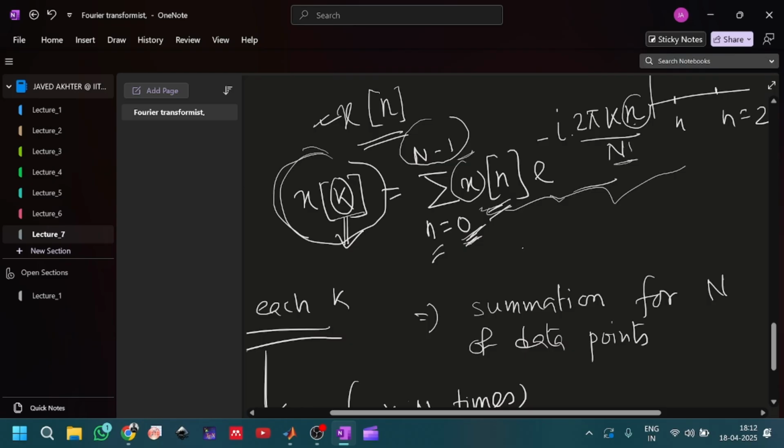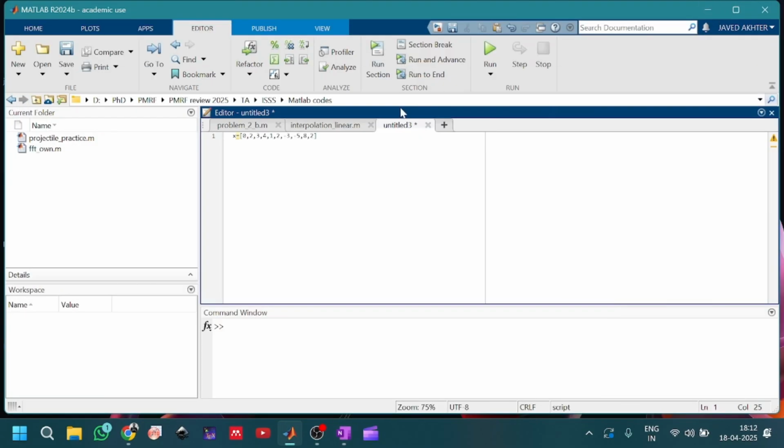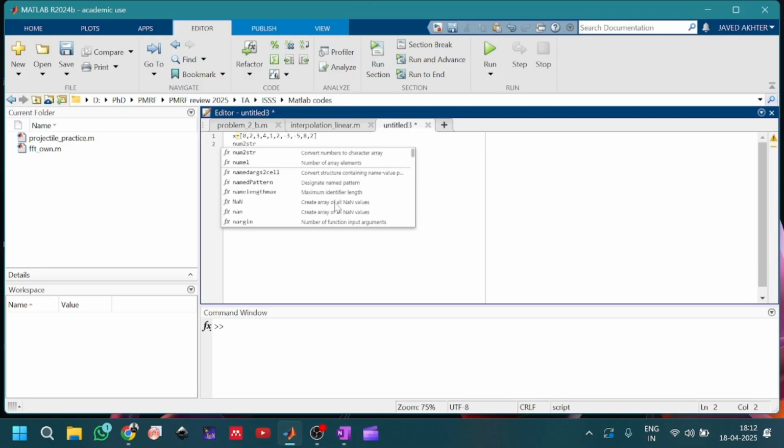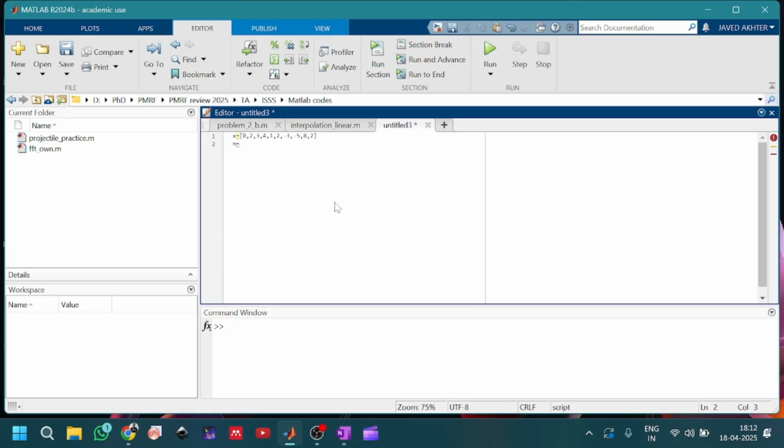So you have x, and let me create an array which will start from 1 and go up to 10. So let me call it n, which will start from 1 in steps of 1, and it will go up to 10.